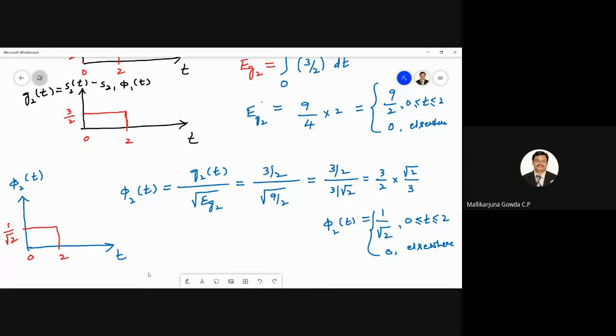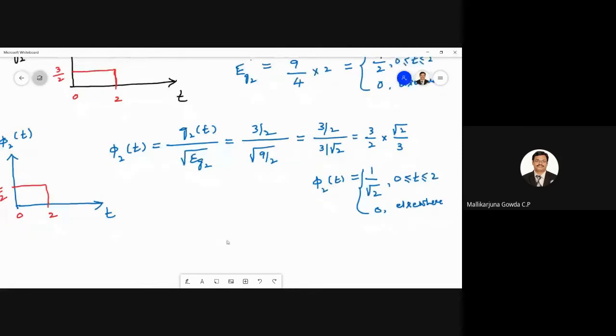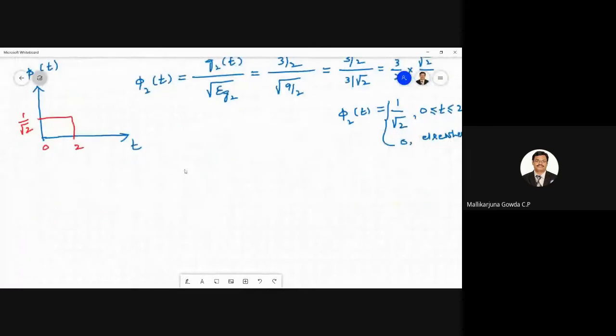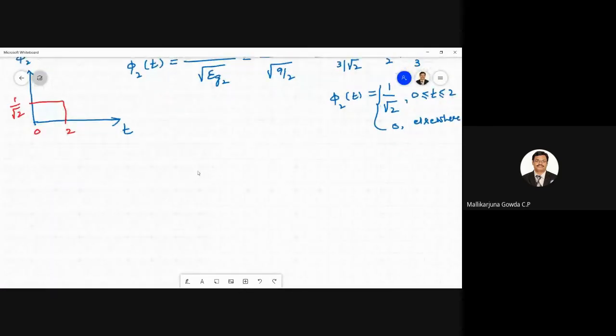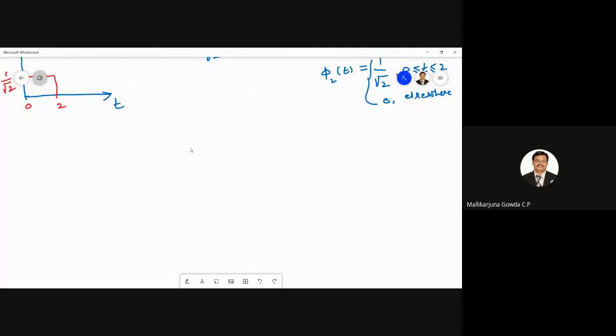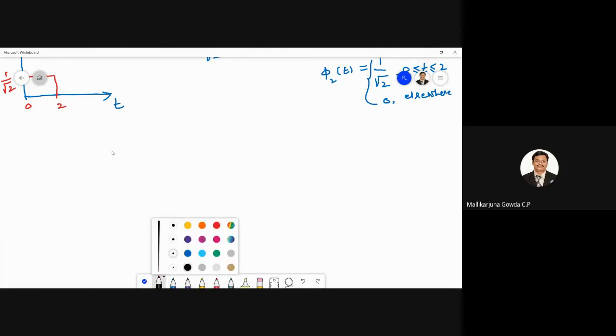So do you think that we need to find phi 3 of t? No. Already I have said S3 of t is dependent on two signals. I can obtain S3 of t by subtracting S2 of t from S1 of t, right? The next task is that we need to express these energy signals in terms of their orthonormal basis functions.